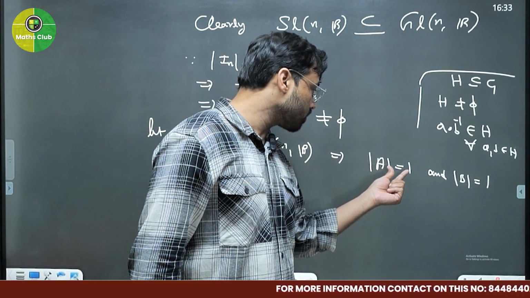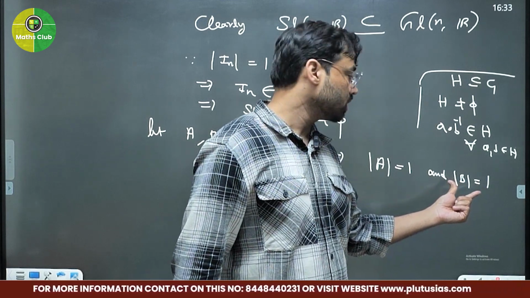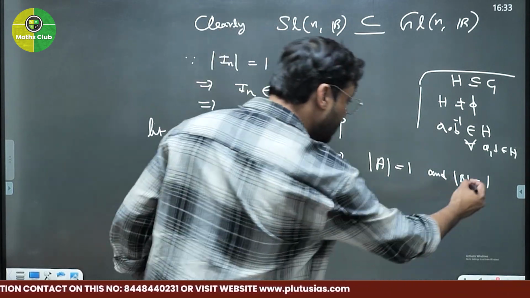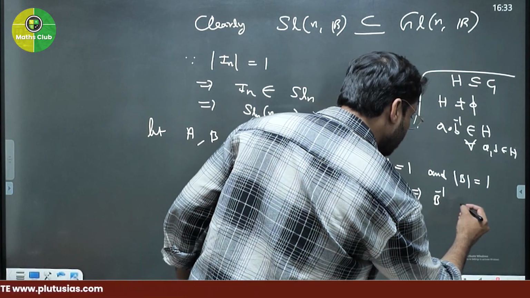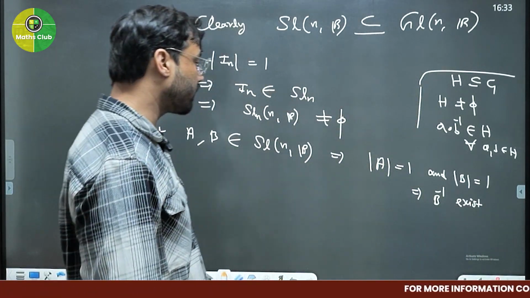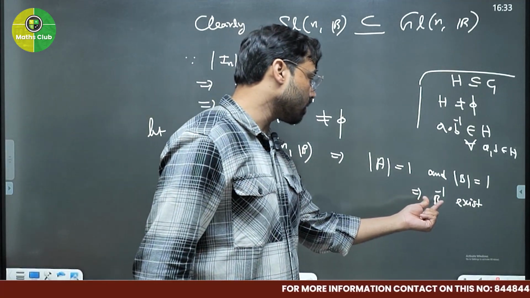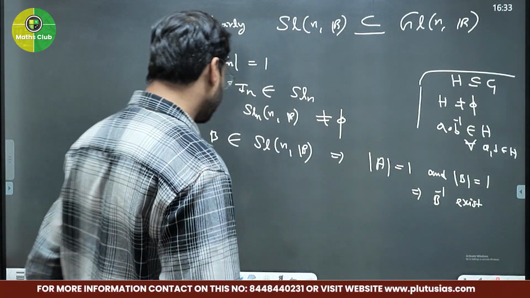So determinant A is not equal to 0 and determinant B is not equal to 0, as the determinant is equal to 1. So obviously B inverse exists.